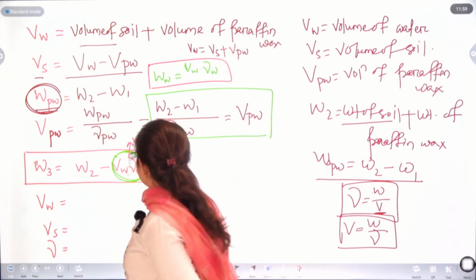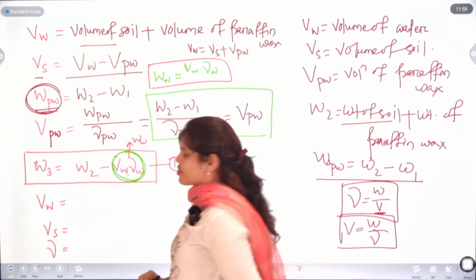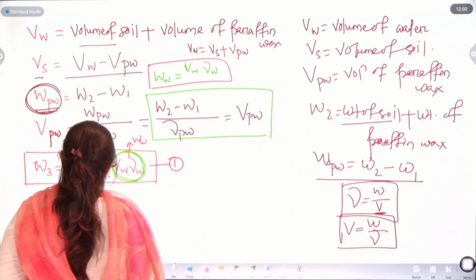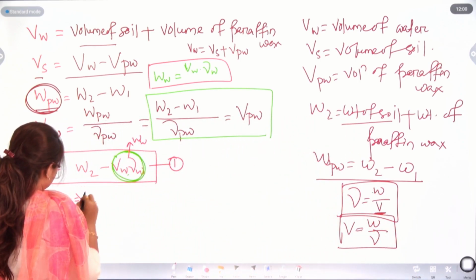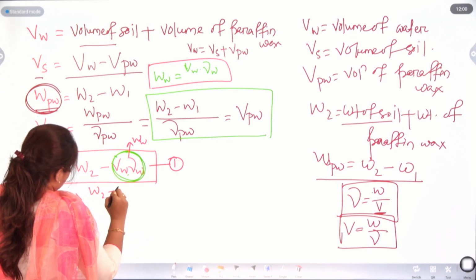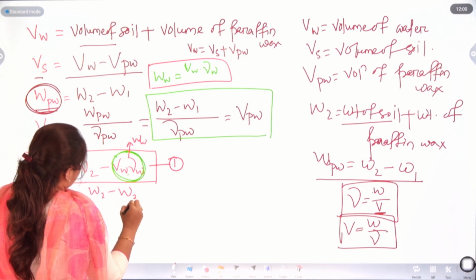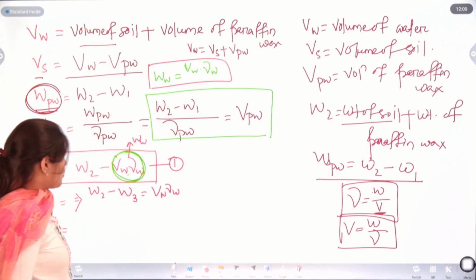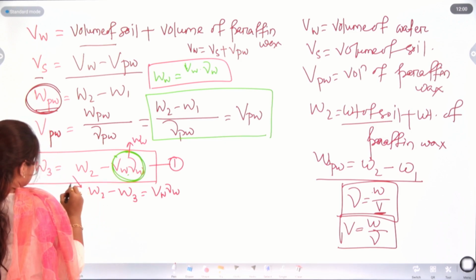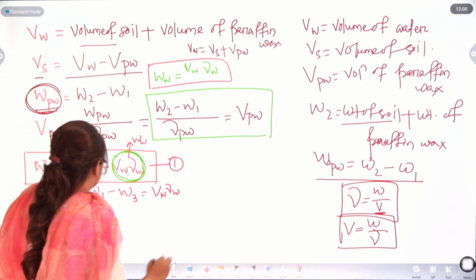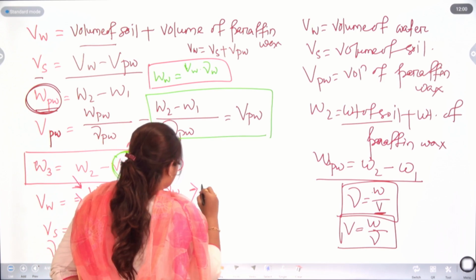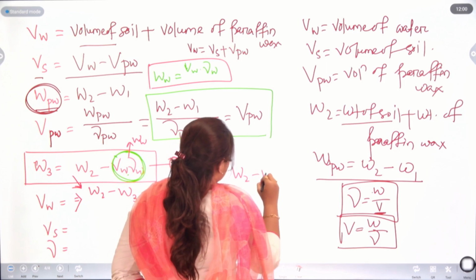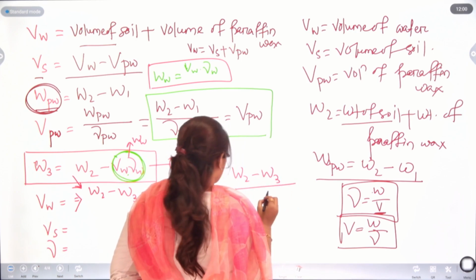From this equation, let's take it as equation 1. We can find out Vw. So, here we can write W2 minus W3 equals Vw into gamma w, from equation 1. Also, we can write that Vw equals W2 minus W3 upon what?